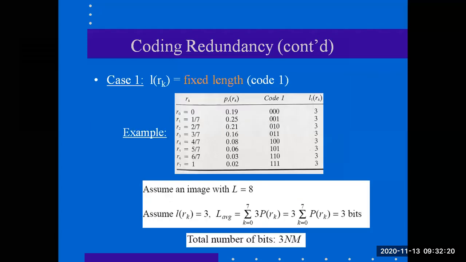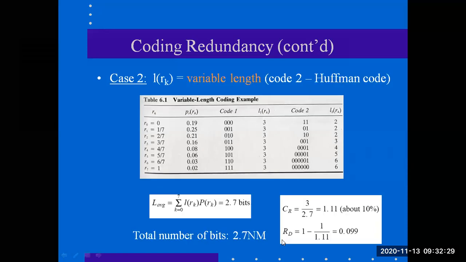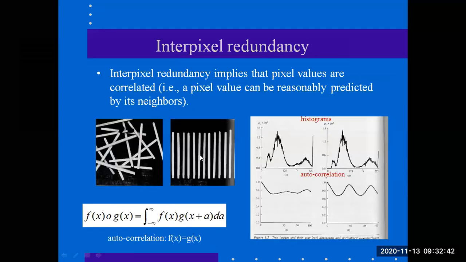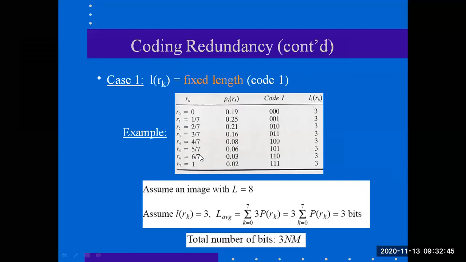Okay, in the first case, how much are you getting? Here 3 bits, and the total number of bits is 3 into NM. But using the variable code word, that is the Huffman code word, what is the total number of bits? All of you can write this table. It's very easy. Take case 1 and case 2. In case 1, we are considering only a fixed code word, right?